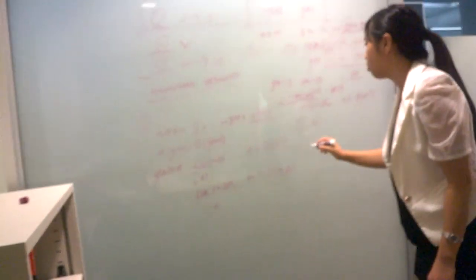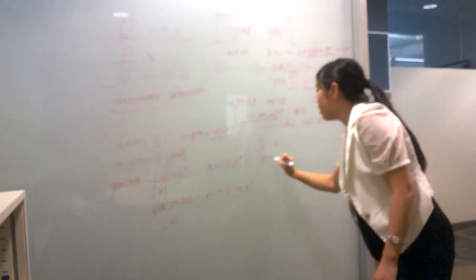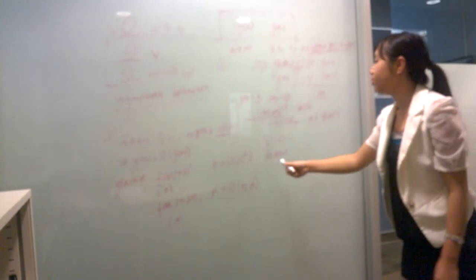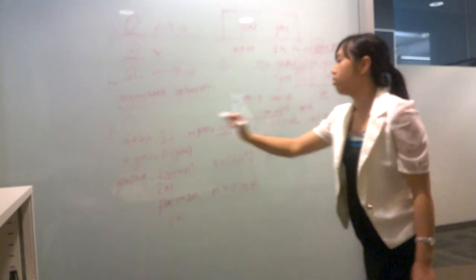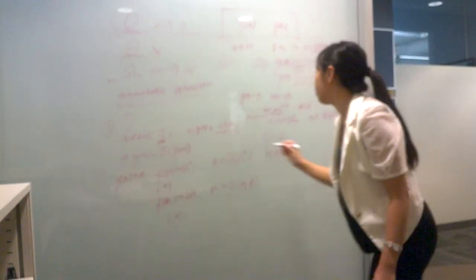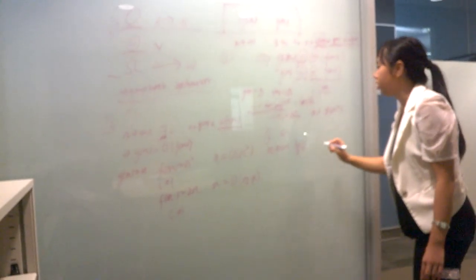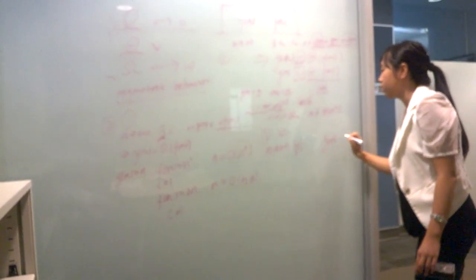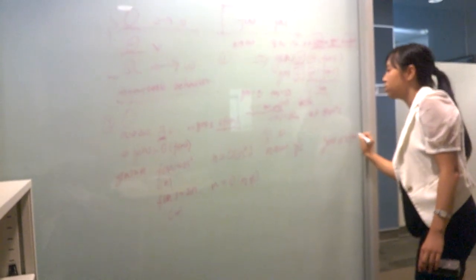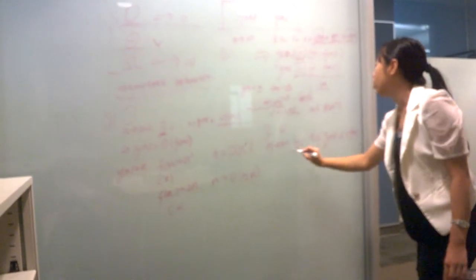So actually, for n going to infinity, this is different: it holds for all constants c, and it will satisfy this function for all c.